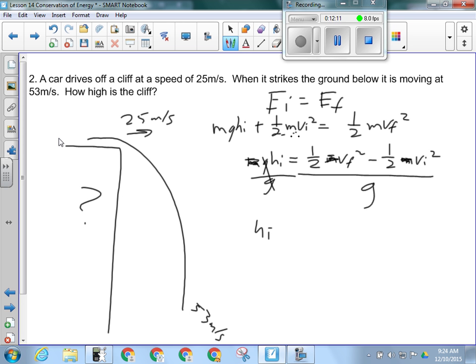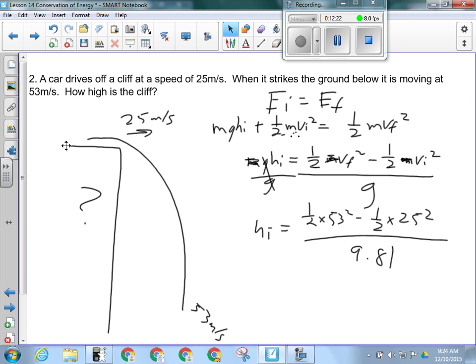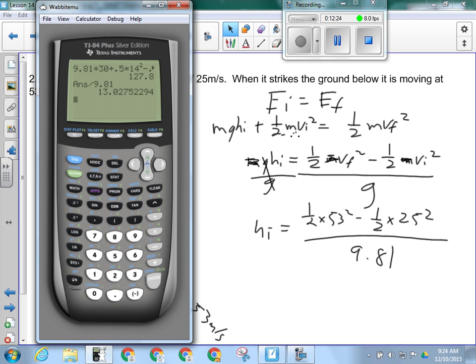So the initial height of the cliff is going to be 1/2 times 53 squared minus 1/2 times 25 squared divided by 9.81. That's a big cliff. Okay, 111 meters.